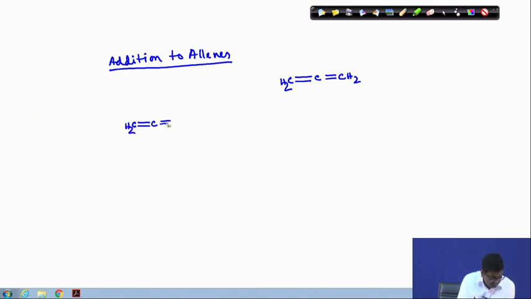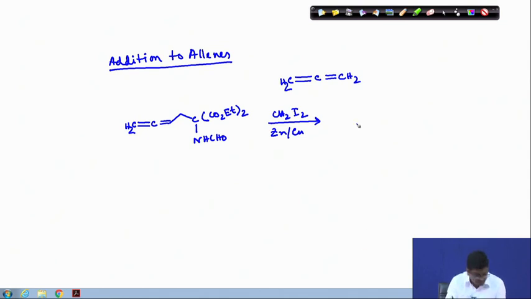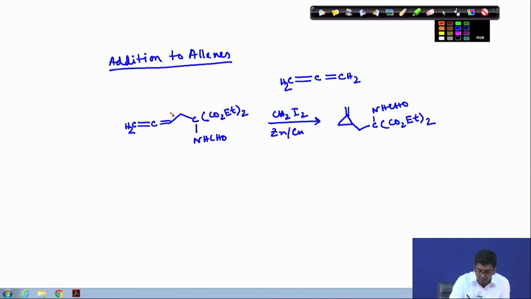If we take this one, in presence of the Simmons-Smith reagent, okay, the product is, you see here, under the Simmons-Smith reagent only this double bond becomes cyclopropane, okay, this one.